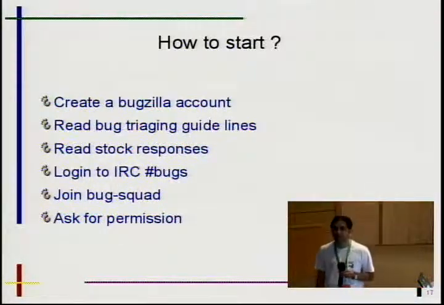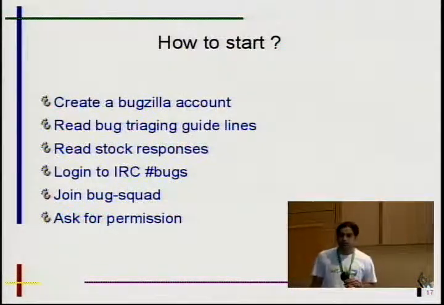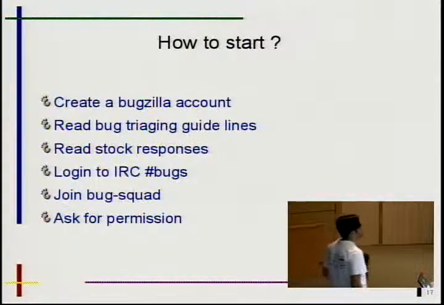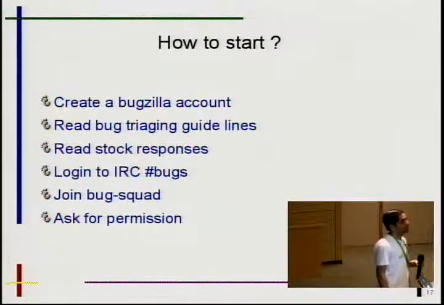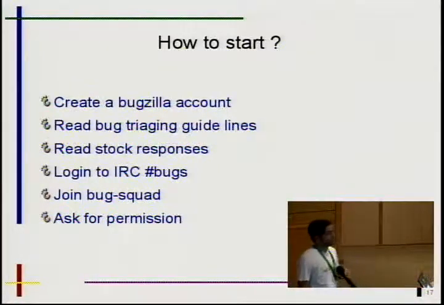Log into IRC; the #bugs channel is for the Bug Squad, so you can log in there. You can ask your queries if you are not sure whether a bug should be worked upon or marked as a duplicate. You can paste your comment there. Join the Bug Squad mailing list, then ask for permission.